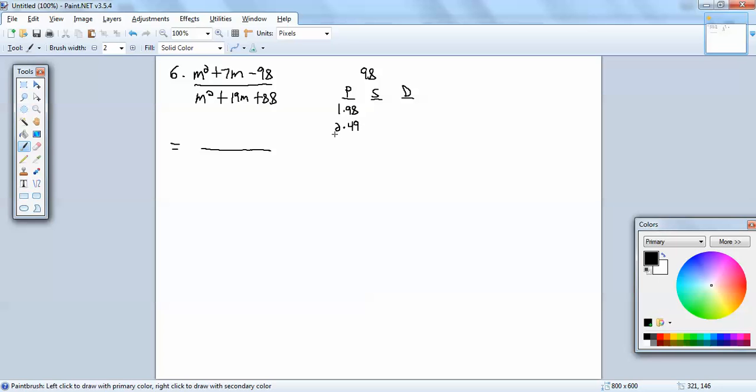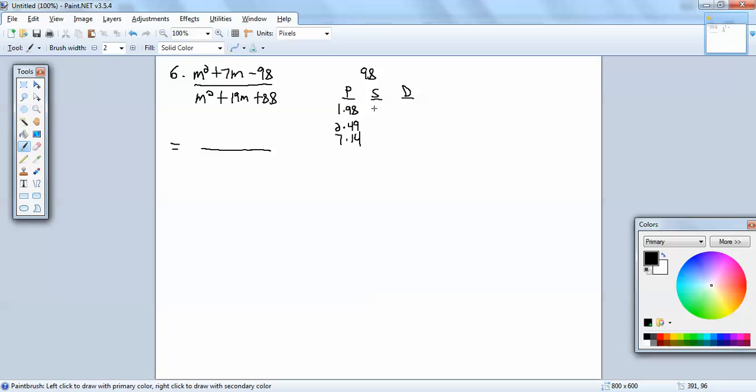It's not divisible by 3. 4, no. 5, no. 6, no. 7 times 14. 8, no. 9, no. And that looks like it.